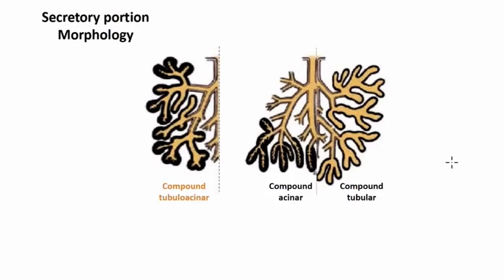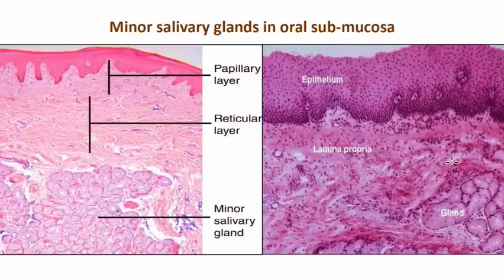The minor salivary glands are non-encapsulated. They are distributed in the submucosa all through the oral cavity.